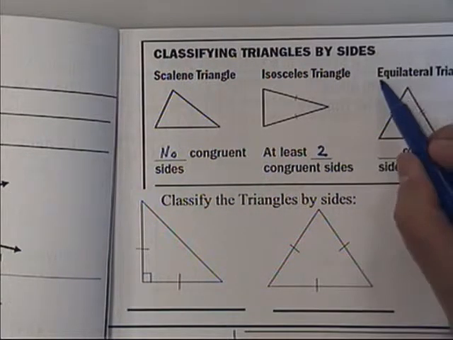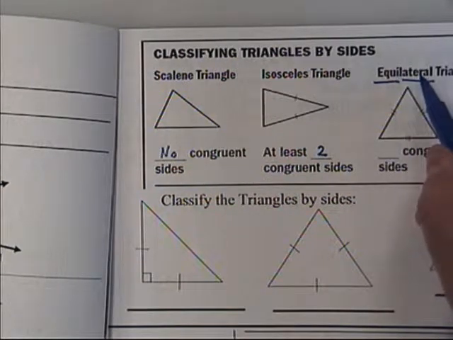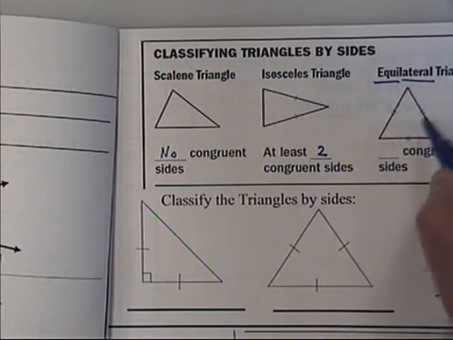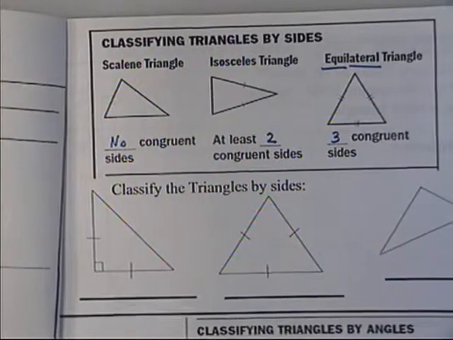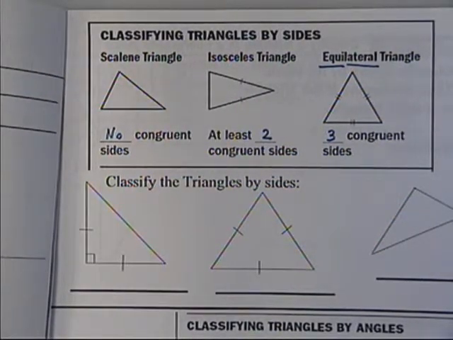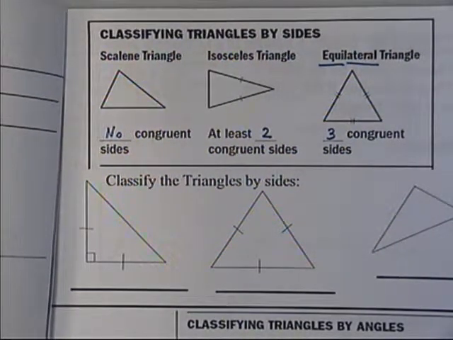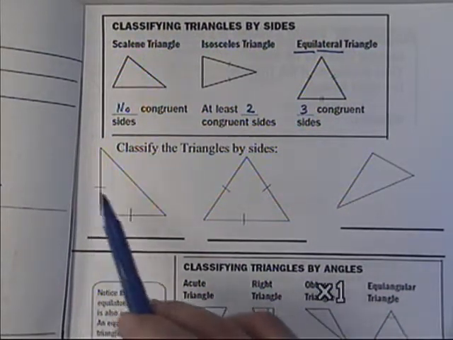An equilateral, equa means equal, lateral means side. That means all of the sides are equal. So all three of them measure the same. Then you can call it equilateral. So let's see. This one would be having two sides that are the same.